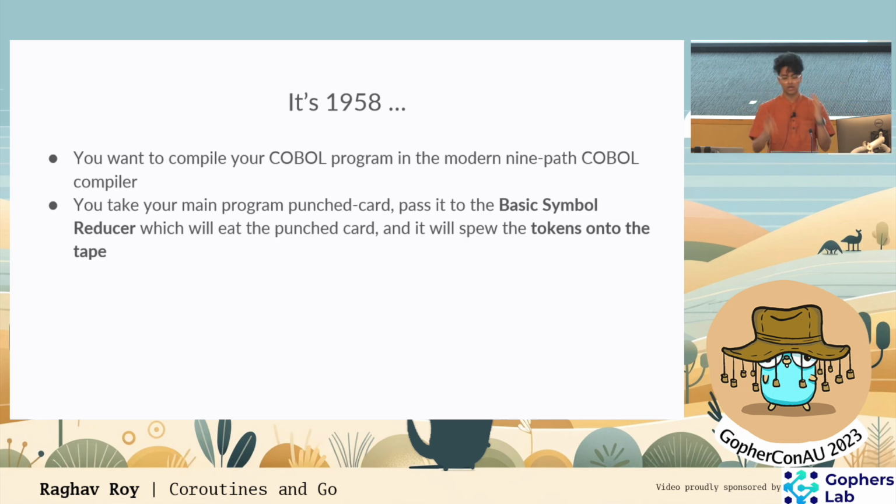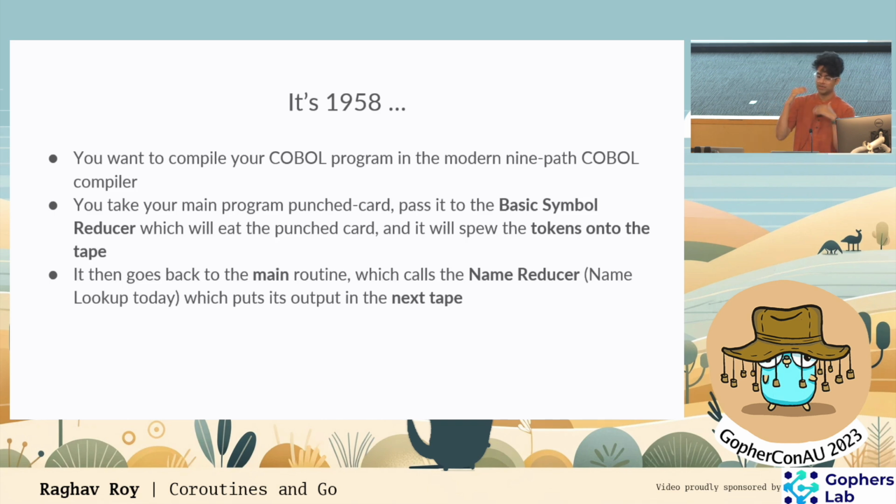By the way, if you don't understand what a basic symbol reducer or a name reducer is, that's fine. Basically, these are processes that are interested in the output that is output by the other process. So a name reducer is interested in the outputs of the basic symbol reducer, and vice versa. So what happens then is that your basic symbol reducer writes onto the tape and yields back control to your main program.